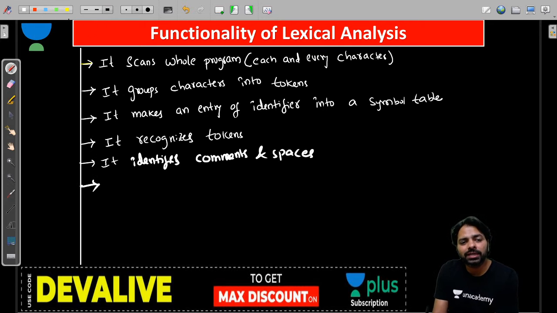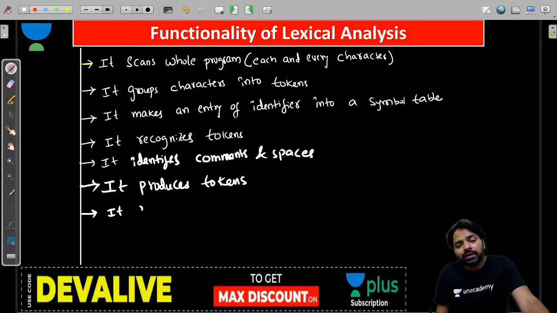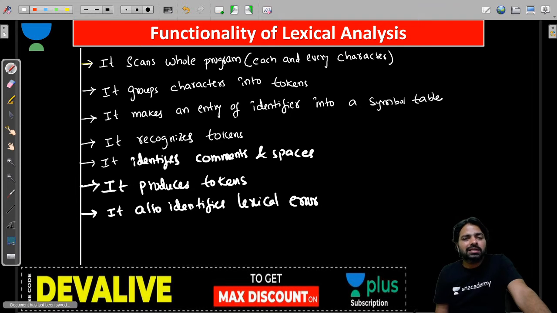But which ones will be produced? It produces only tokens. It will not produce the comments back. It recognizes and produces the tokens, and it also identifies errors, if any. It also identifies lexical errors. What is a lexical error? We will see slowly. Any invalid character that appears in a sequence is a lexical error.